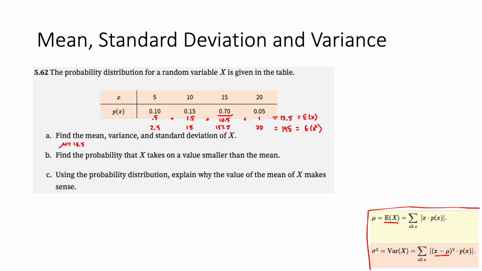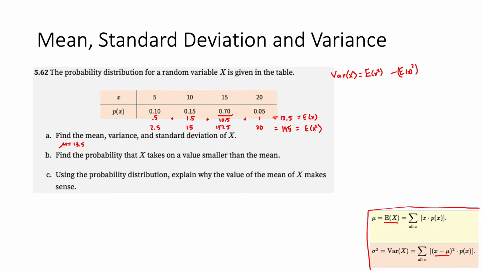Okay, now a much easier formula I find for this is this guy here. The variance of x is also equal to E of x squared minus E of x squared.